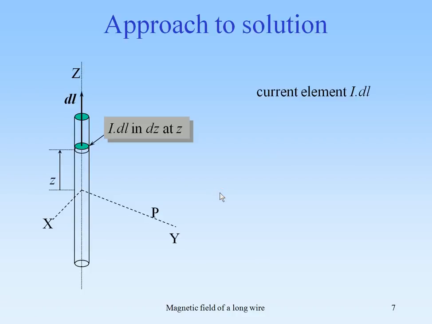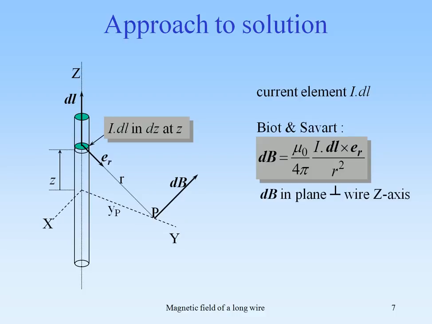Approach to the solution. We have a current element I dl, and we have Biot-Savart, which gives dB is mu naught over 4 pi times I dl cross product with e_R over R squared, and dB will be in a plane perpendicular to the wire because of the cross product.